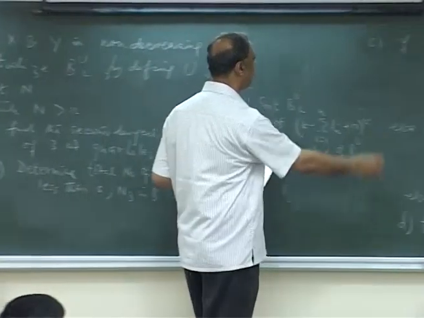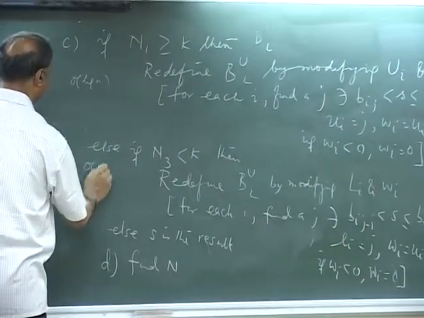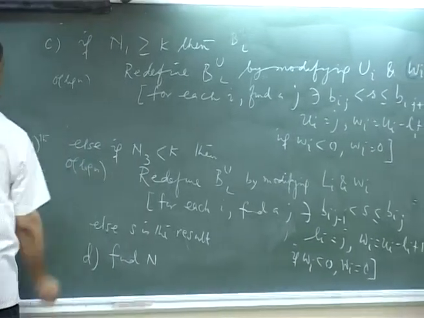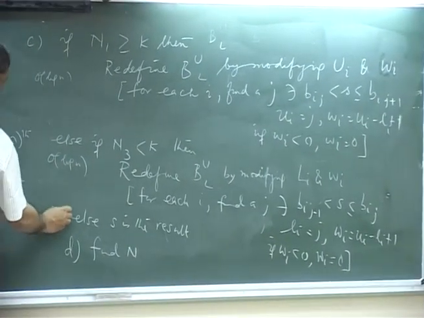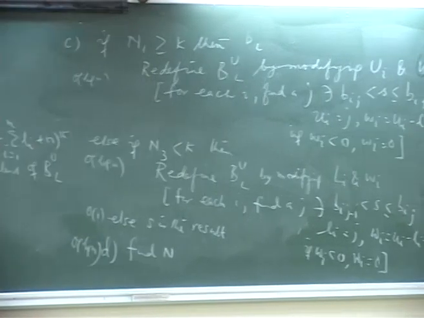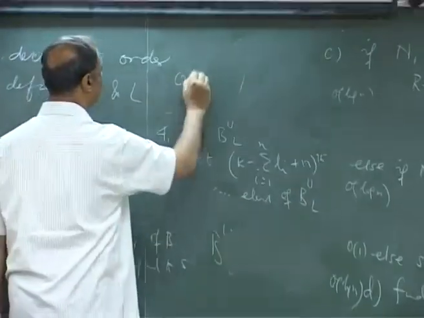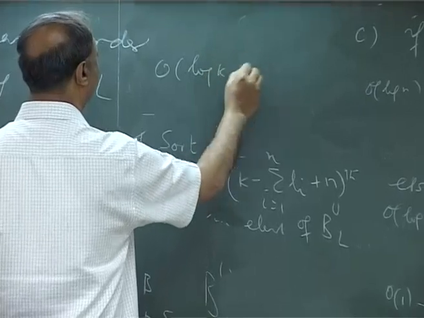This takes order log n time, binary search. This is order log n time. This is constant time. This is order log n time. This is order log n time. So the time complexity is order log k into log n time.